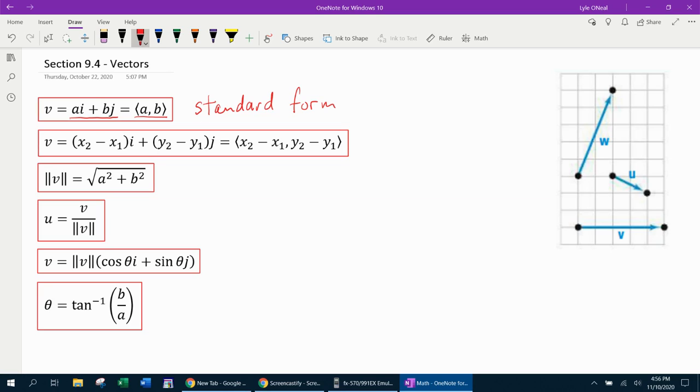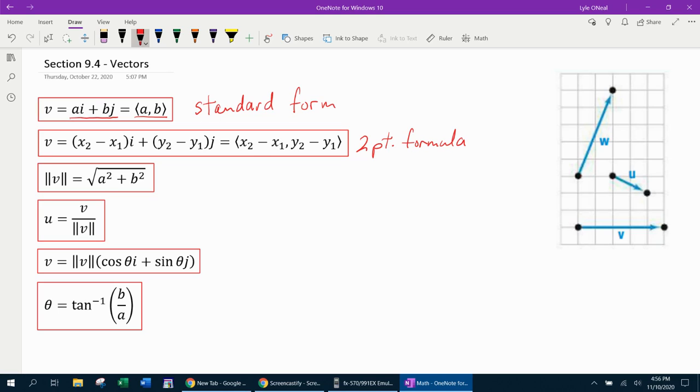Okay, the next formula here is for finding a vector if you know the initial point and the terminal point. So I'm going to call this the 2-point formula, for lack of a better name. And you have to have 2 points in order to find the vector with this formula.